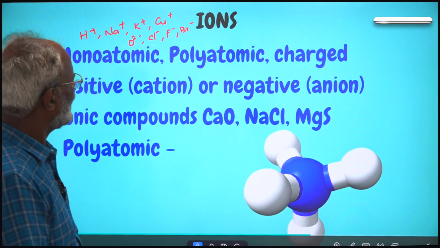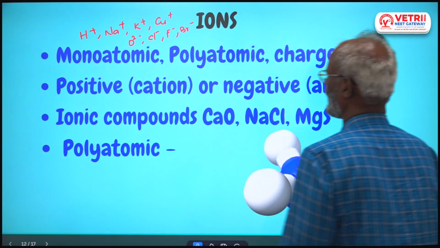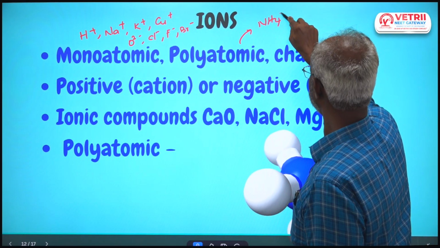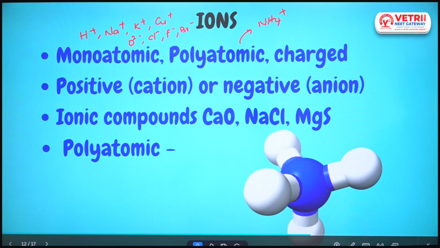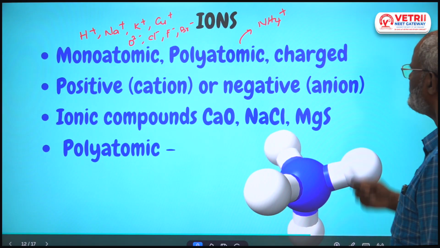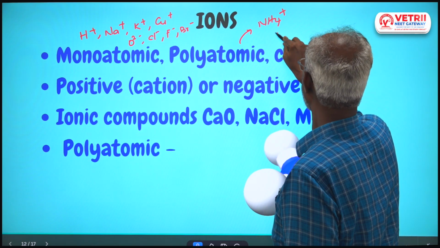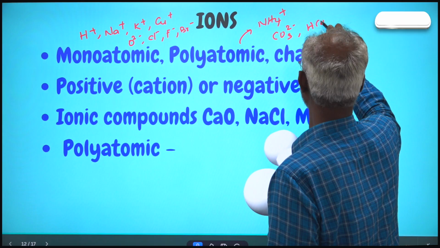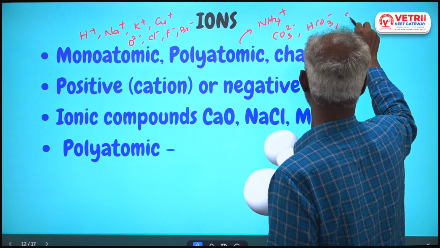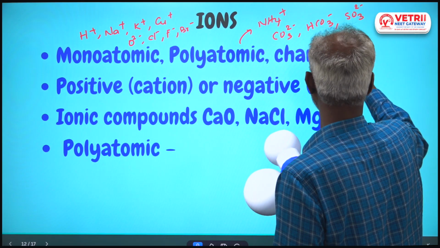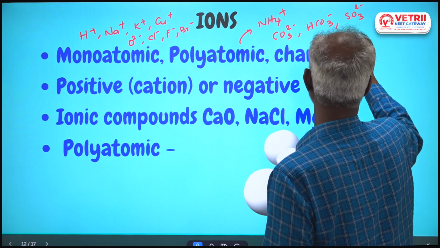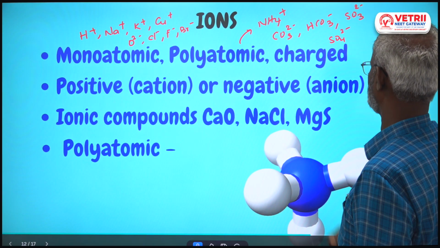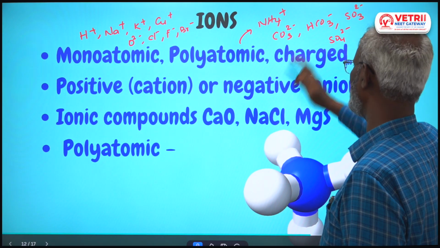Similarly, we have polyatomic cations and anions. Among polyatomic cations, we have NH4+ ammonium. Polyatomic anions include carbonate, CO3 2-, bicarbonate HCO3-, sulfite SO3 2-, and sulfate SO4 2-, etc. These are all negatively charged polyatomic ions.